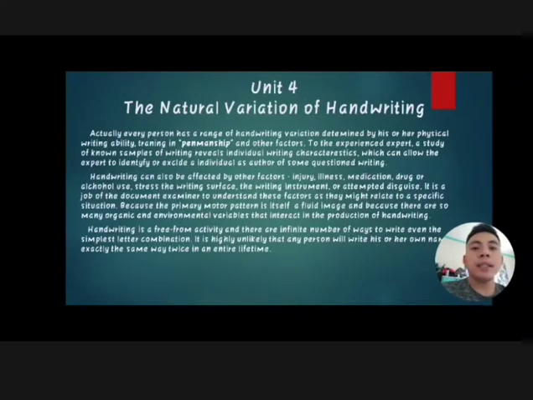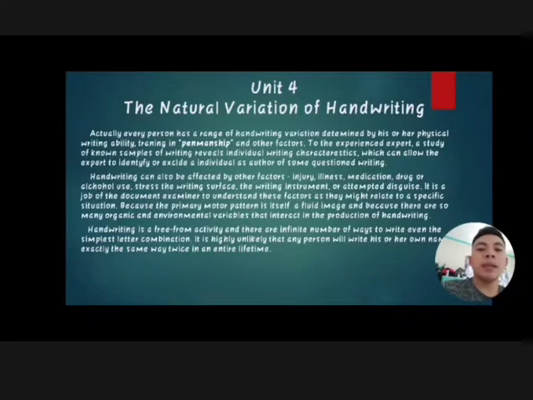It is the job of the document examiner to understand these factors as they might relate to a specific situation, because the primary motor pattern itself is a fluid image, and because there are so many organic and environmental variables that interact in the production of handwriting.